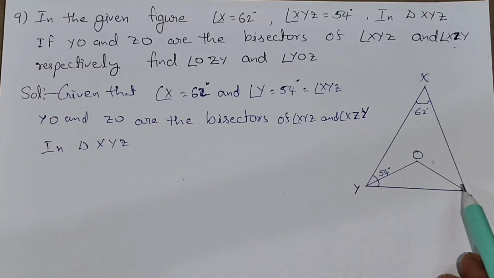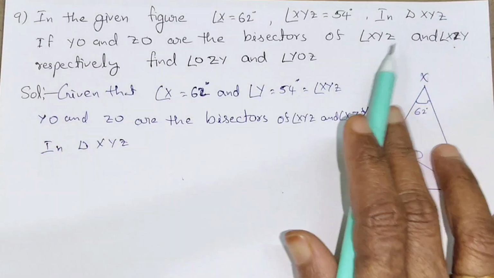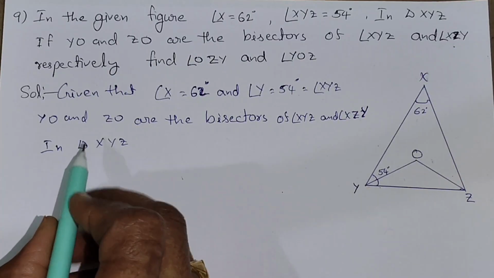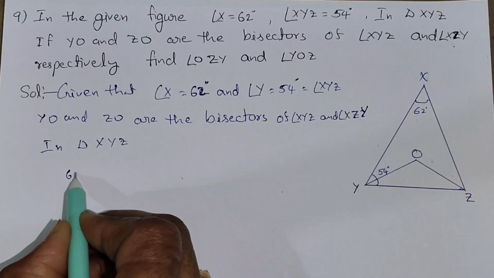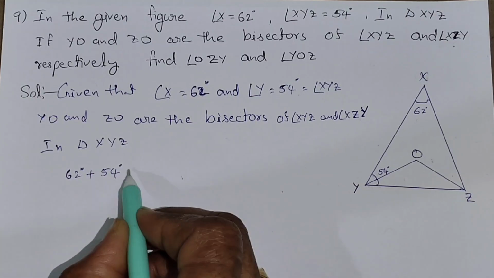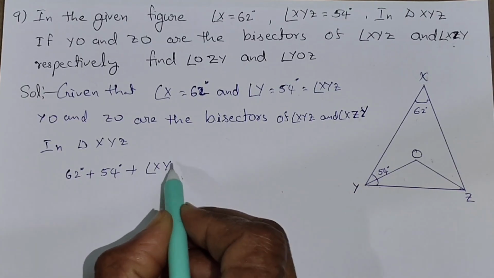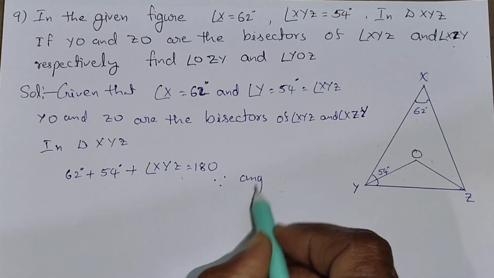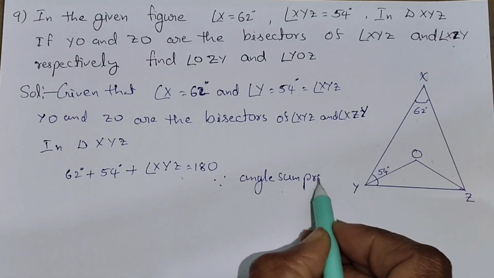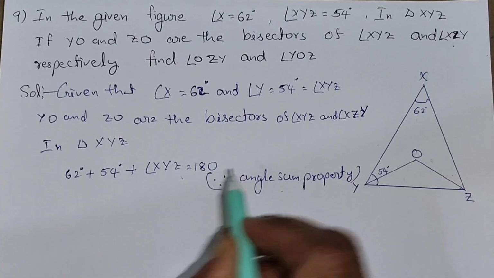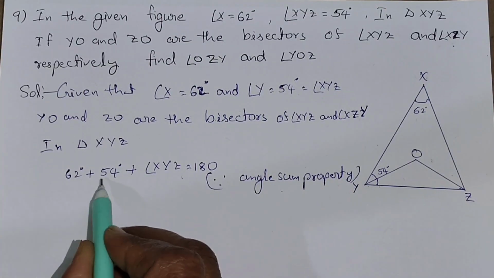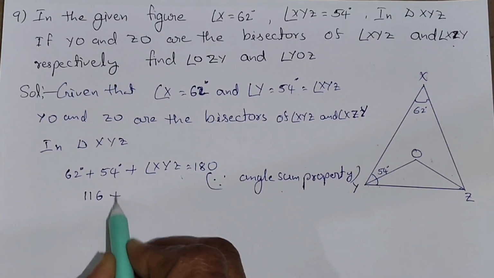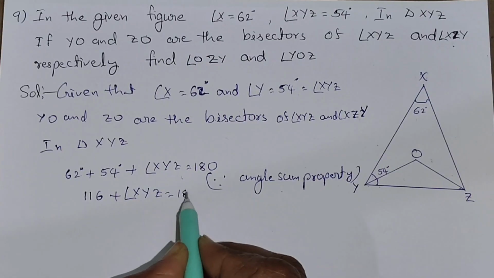We find angle XYZ. By the sum of the angles in a triangle, 62 degrees plus 54 degrees plus angle XYZ is equal to 180, by the angle sum property. 62 plus 54 is 116, plus angle XYZ is equal to 180 degrees.